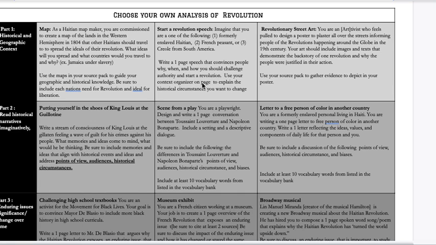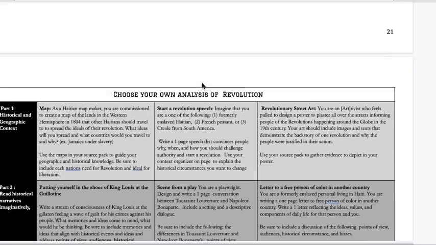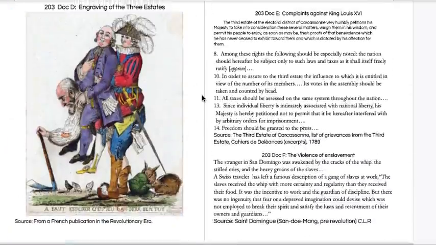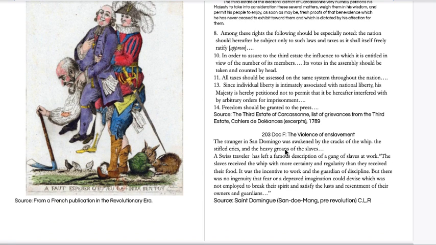Now, in order to get the highest score possible on this, to get a 4, you might want to mirror or cite evidence from documents like this: complaints against King Louis. This is reasons why people should rebel. Violence of enslavement. These are reasons why people should rebel.